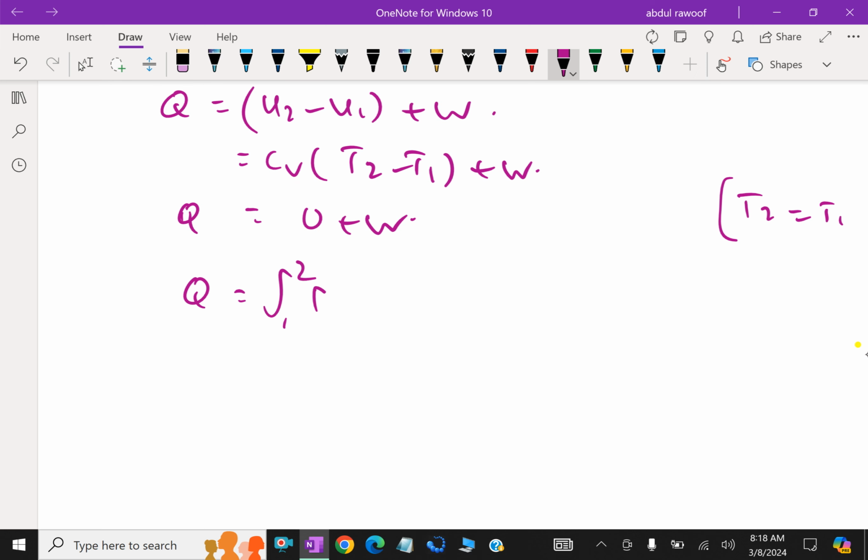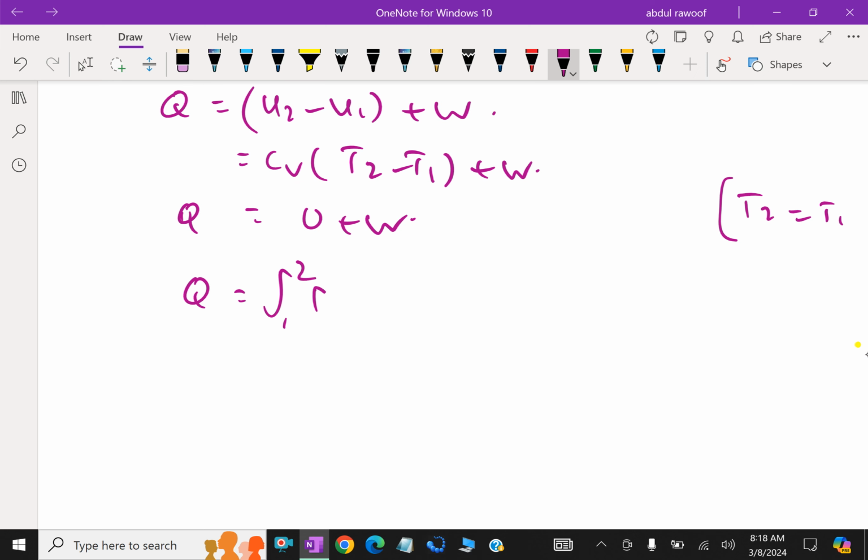Now here, from the general law P1 V1 by T1 equals P2 V2 by T2, the temperatures are equal. So we can write V2 by V1 equals P1 by P2.